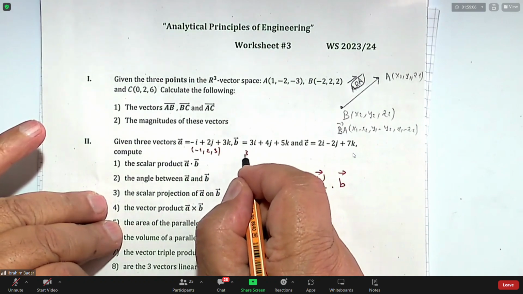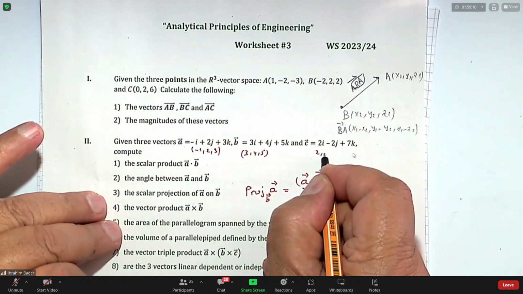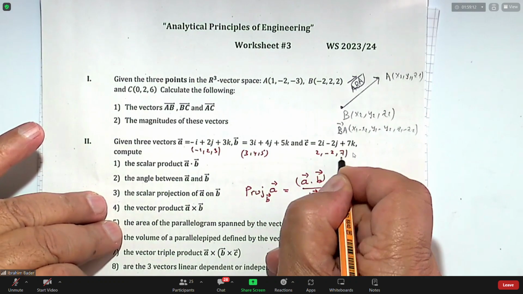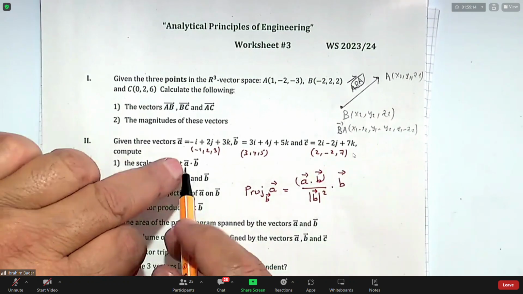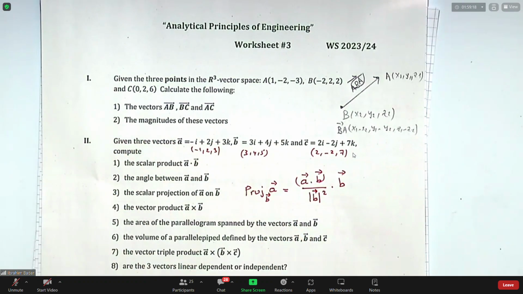B is 3, 4, 5, and C is 2, -2, and 7. So the dot product here is component wise multiplication and adding them up.